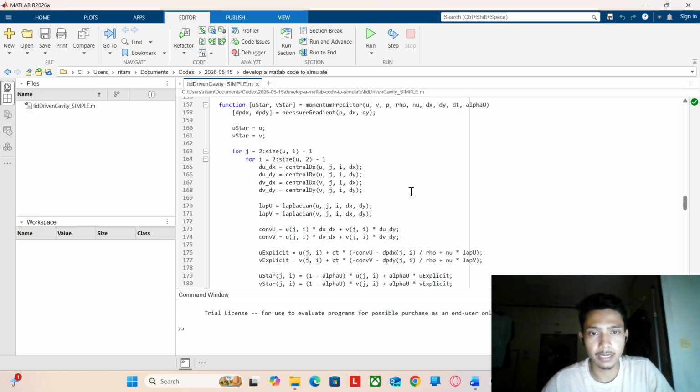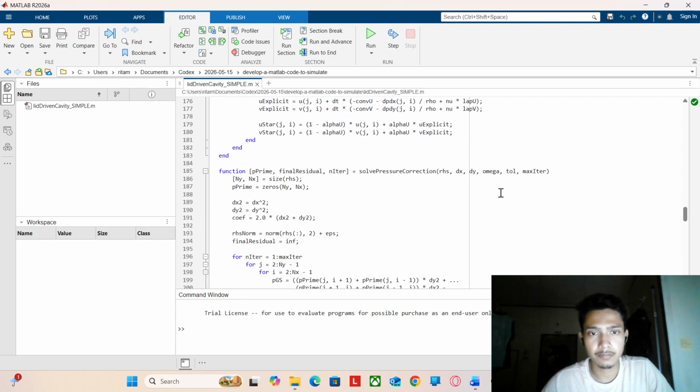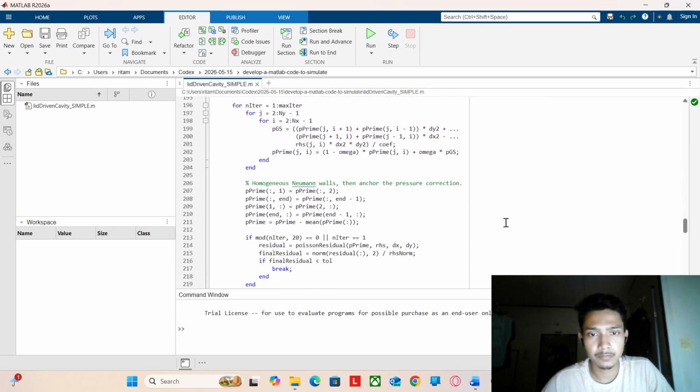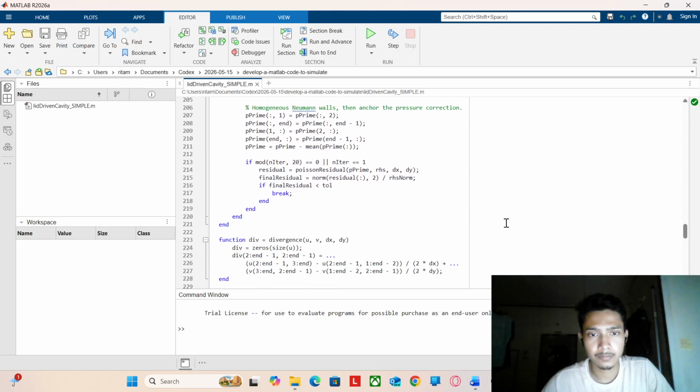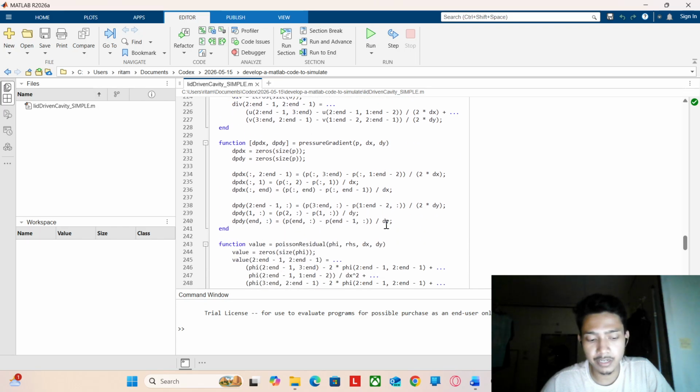I told you about lap u, conv u. Then this dp dx, dp dy equal to pressure gradient p, dx, dy. This computes pressure gradients in x and y directions.